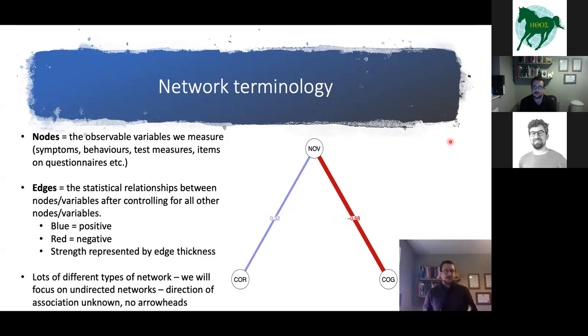Technically, there are lots of different types of network. In this talk, I'll just focus on undirected networks, which means there are no arrowheads. So we don't encapsulate the direction of that association. We just know that there's this conditional association present.